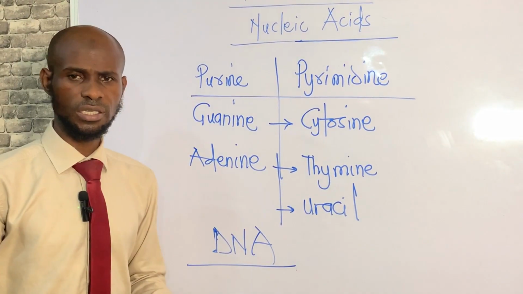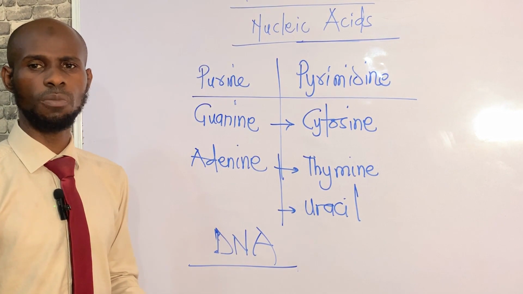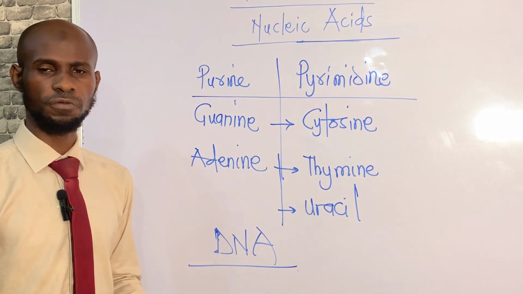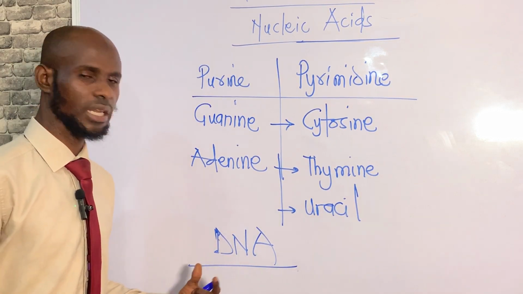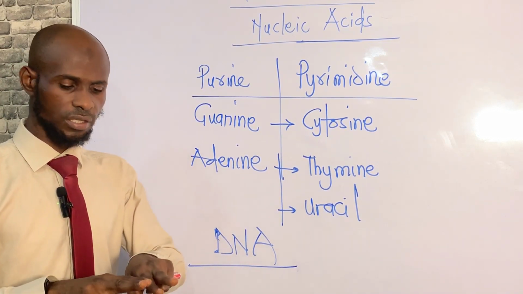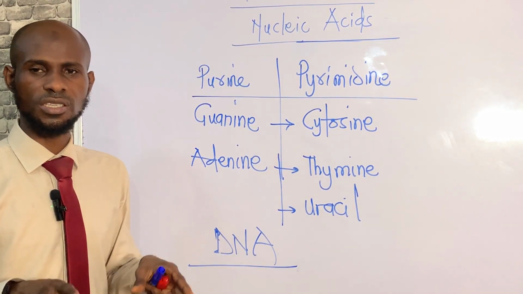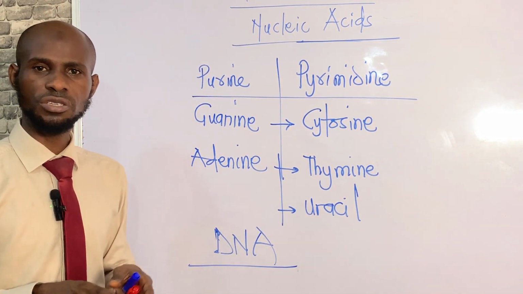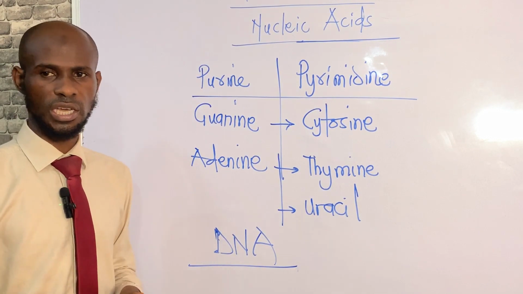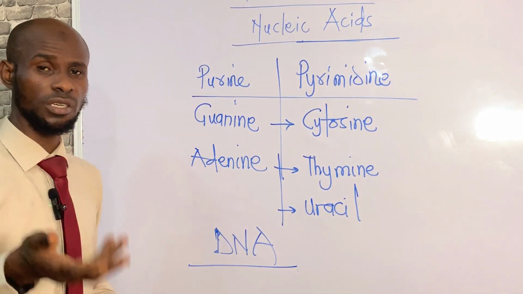So what is DNA? The DNA is a double strand of nucleotides. Or you can say the DNA is a double helix structure, or we say the DNA is double strands of nucleotides or repeated nucleotides.